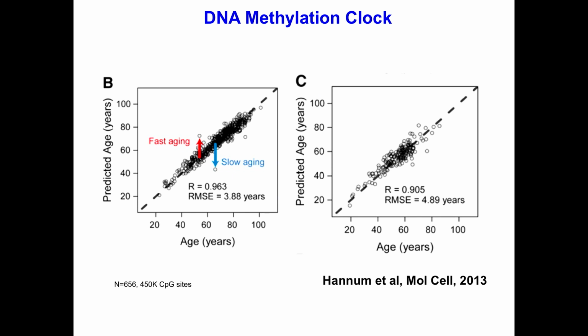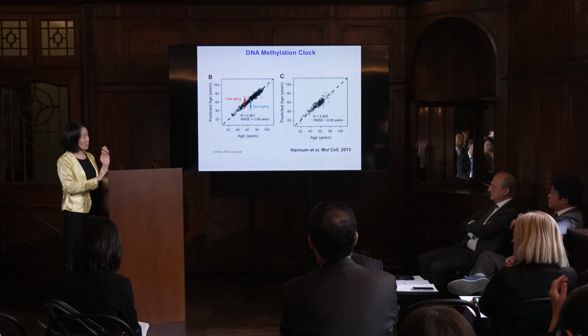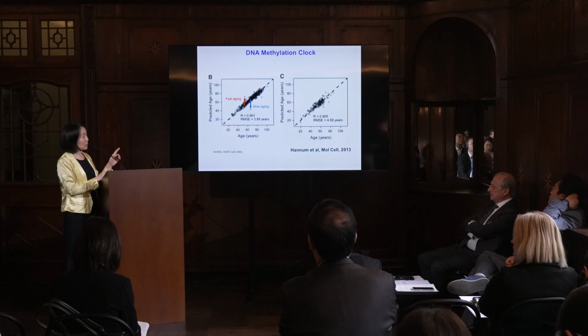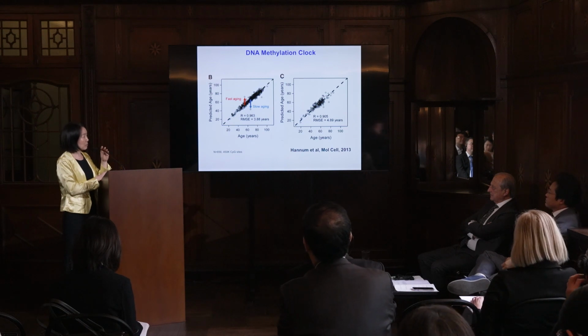For example, this is the first molecular clock of aging. It's a DNA methylation clock built on 656 individuals. Based on these CpG arrays, I think they use around a few hundred CpG sites, they can build a linear model to predict the chronological age of anybody.